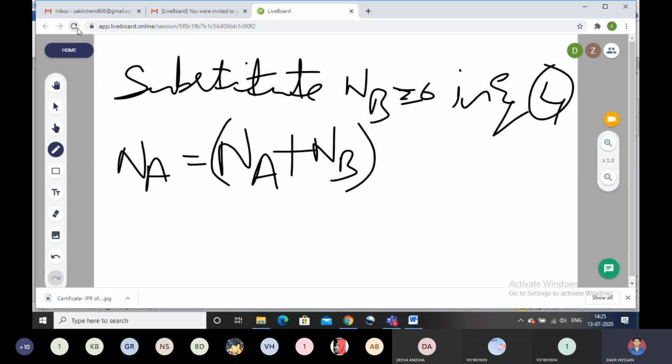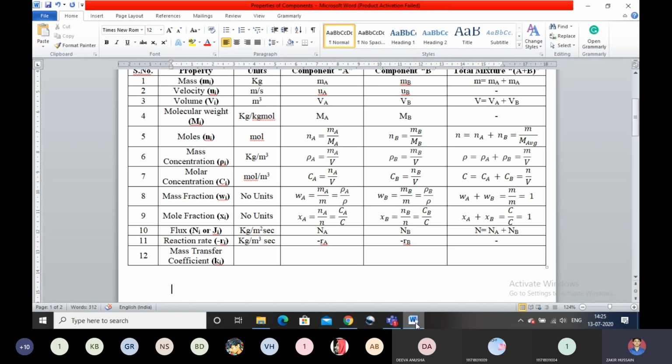So in place of N we write NA plus NB, and XA is nothing but CA by C. If you have any doubt, you can go through the word file where it is clearly given. See here, XA is equal to CA by C.